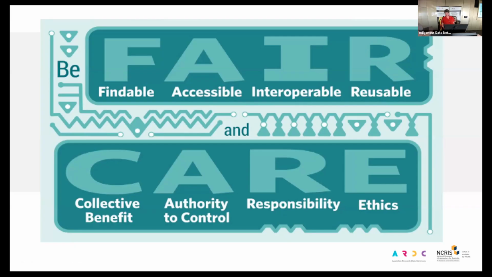So in building the HASS and Indigenous Research Data Commons, we want to strive to better reflect Indigenous people's rights and interests. And this in turn will also help to inform our People and Planet Research Data Commons to better address Indigenous people's rights and interests.